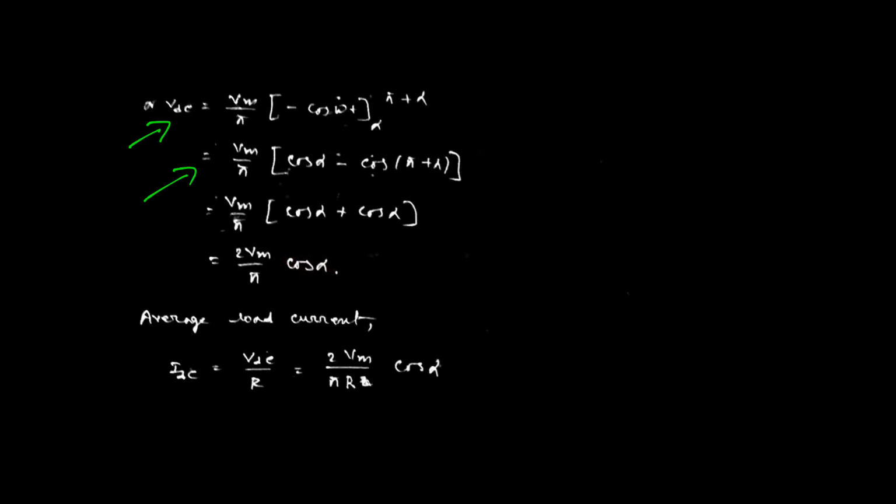So the expression gives us 2 Vm by pi cos alpha.